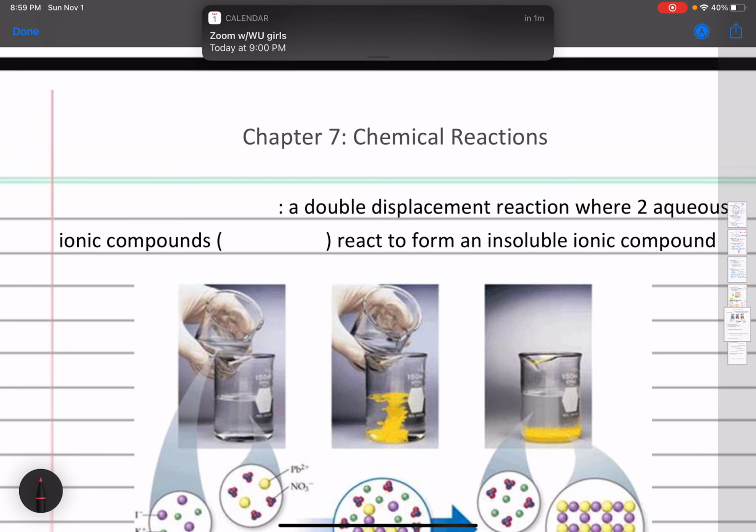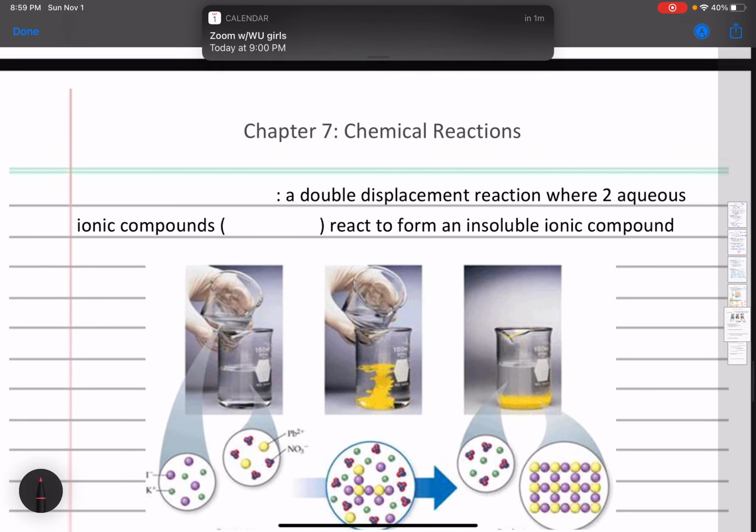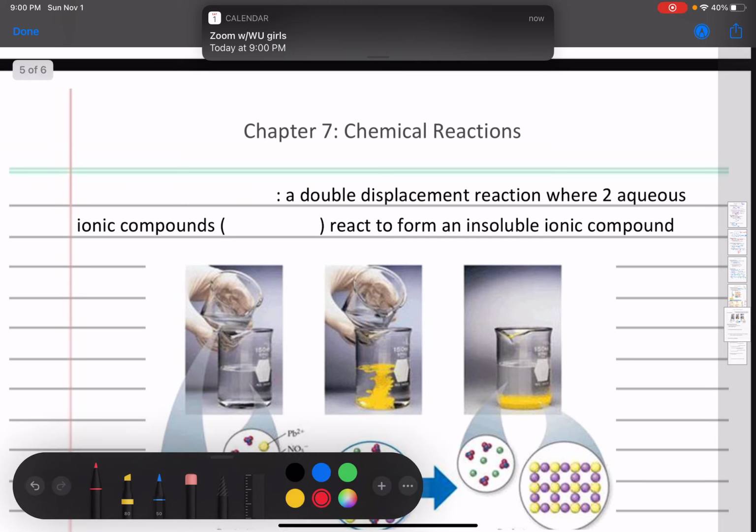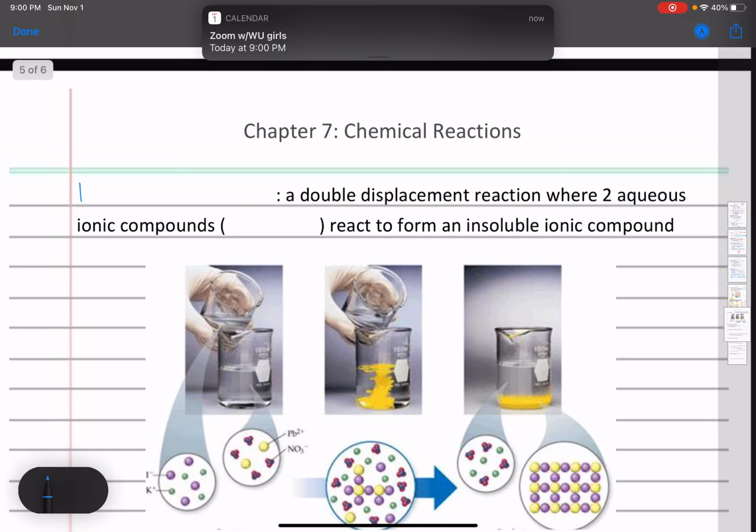A cool, fun type of chemistry reaction that can be done is called a precipitation reaction. A precipitation reaction is a type of double displacement reaction, a swinger reaction, where we have two aqueous ionic compounds.